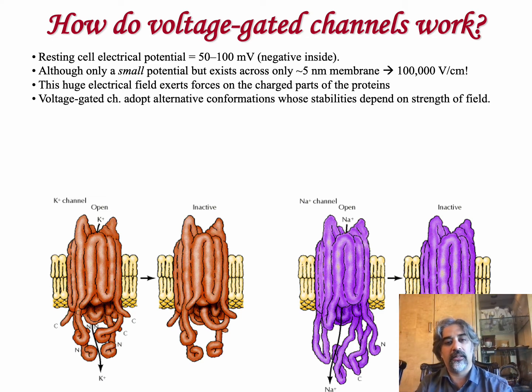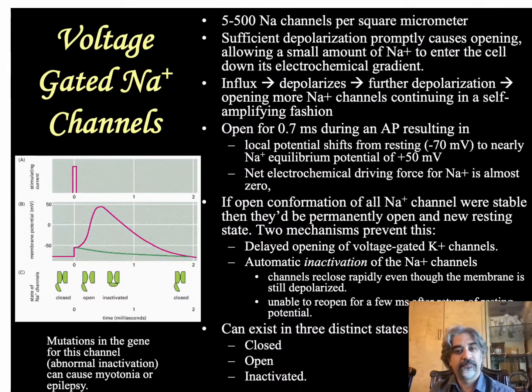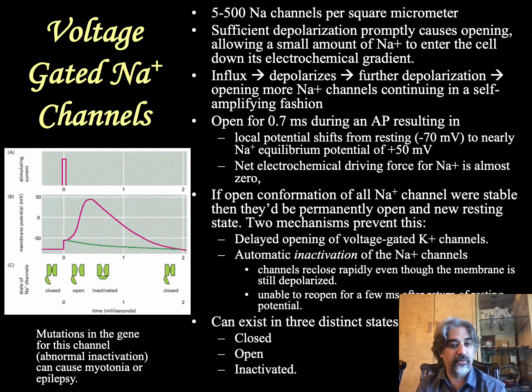As soon as there's a change there, then there's new forces exerted on the charged moieties of each channel. And this is going to cause them to want to adopt a new conformation. While they're adopting that new conformation, they're opening and then seemingly closing, which is how you get your active and inactive gates. And we've been able to look at how just one channel looks when it's opening or closing. And these are all the properties of it.